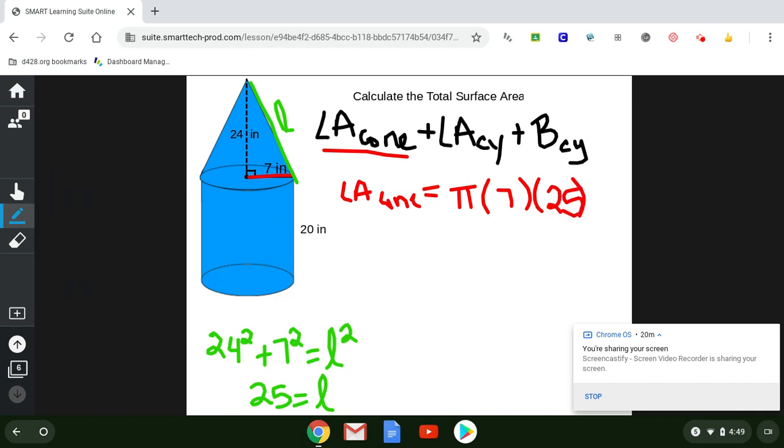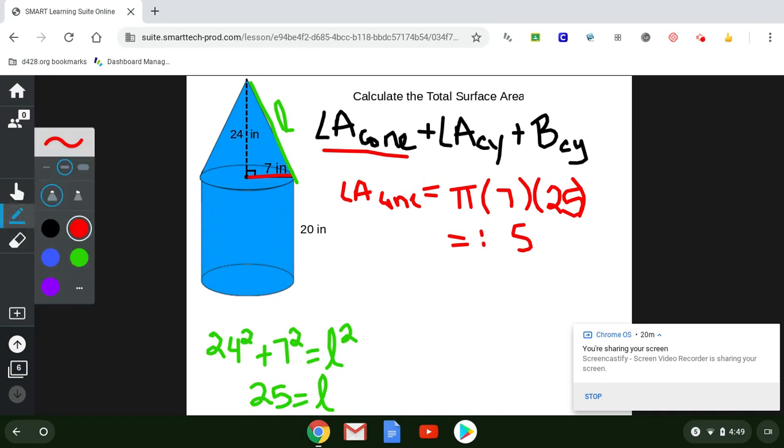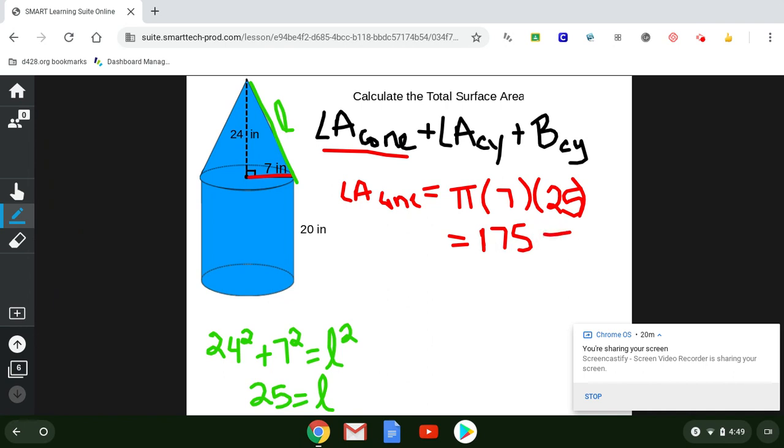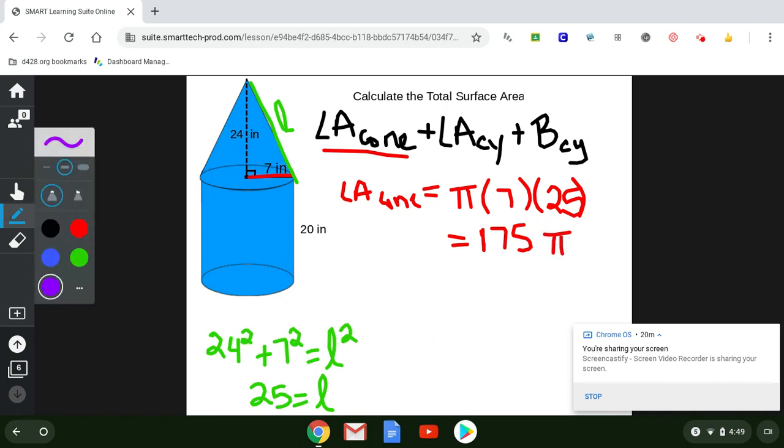All right, so 25. When I multiply that with 7, I get 175 pi. Then I have to find the lateral area of the cylinder.